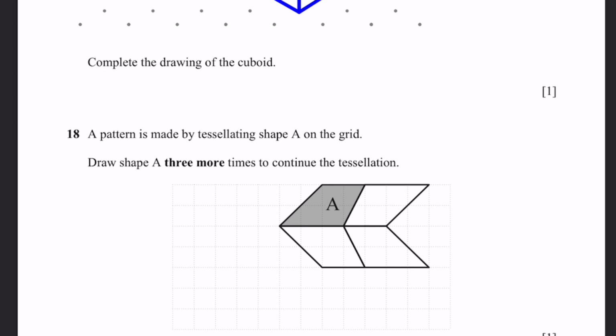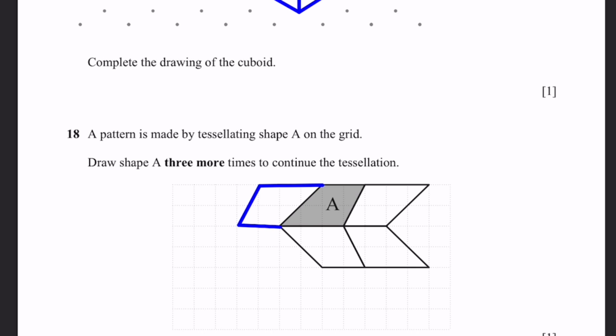Question 18. A pattern is made by tessellating shape A on the grid. Draw shape A 3 more times to continue the tessellation. So we can see that the pattern is somewhat in an arrowhead formation. So just draw the exact same shape A, just rotate it 180 degrees and place it here. And if we do that correctly, it'll come over here, just like this.